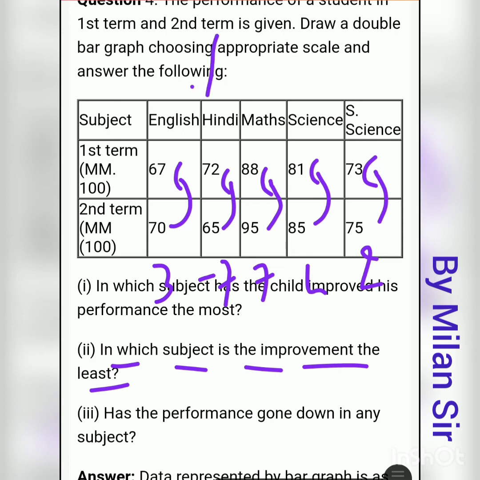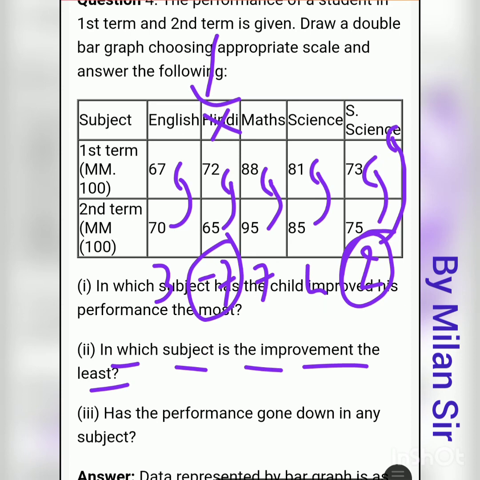If we think about Hindi, here the child does not improve himself, there is a decrease in the marks, but we need to find the minimum improvement. So we cannot consider Hindi because there is no improvement. We need to think about the remaining subjects. So the minimum improvement is 2 and it is in the subject SS, social science.